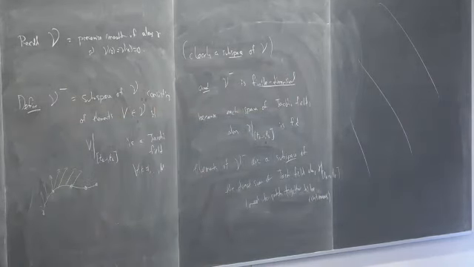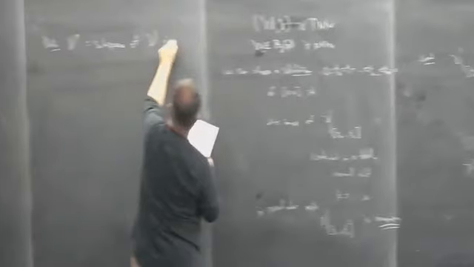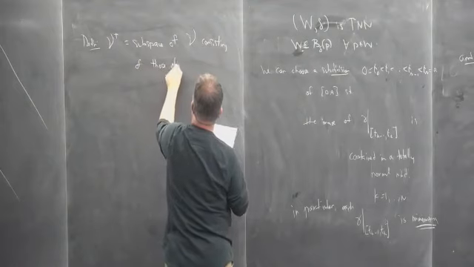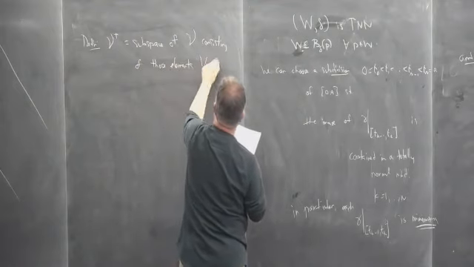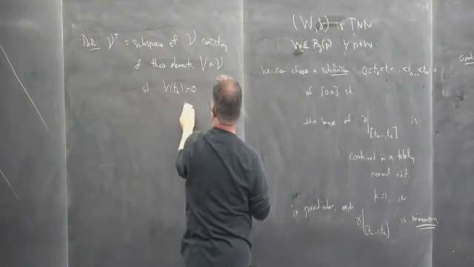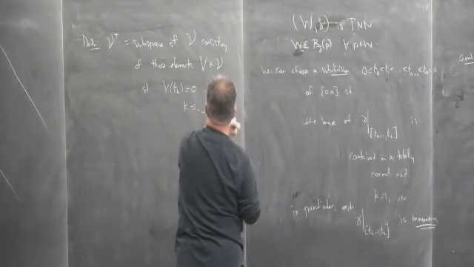I'm going to define one more, which I'm going to call V plus. Define V plus to be the subspace of V consisting of those elements V such that they vanish at these partition points.